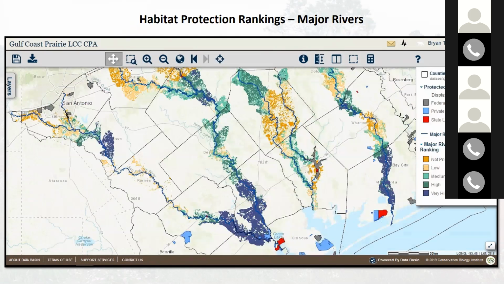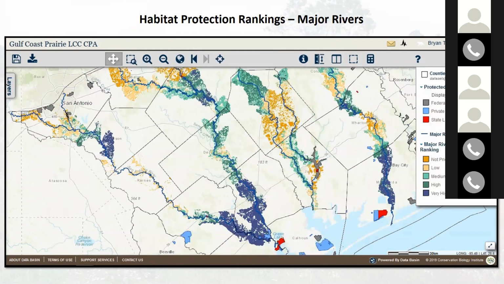And I chose rivers here just to show you a different take on our river models. Most of our river models, we're looking at each reach individually. And so we have ecological integrity ratings of the segments themselves, or maintenance or restoration rankings for the different segments. But for habitat protection, you're not going to just go buy a reach of river specifically. You're going to buy the land in the watershed adjacent to it.